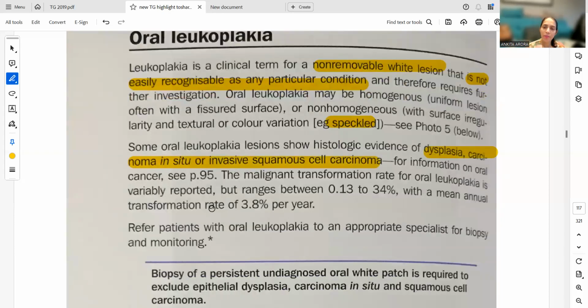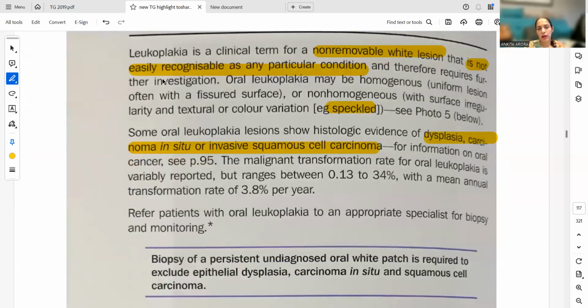So it's a precancerous lesion. If changes in the cells happen inside, it can create dysplasia. Carcinoma in situ means that carcinoma has developed in situ. A pre-existing lesion has produced that carcinoma, or invasive squamous cell carcinoma.